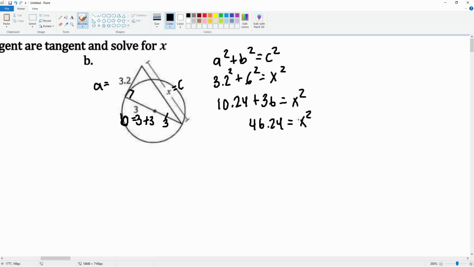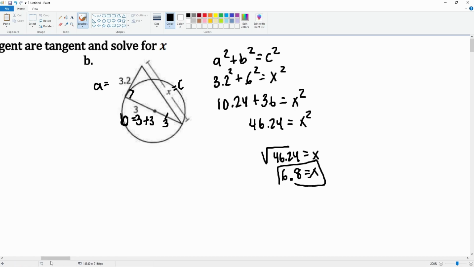And then we want to take the square root of that. The square root of 46.24 is equal to x, and that is 6.8 is equal to x.